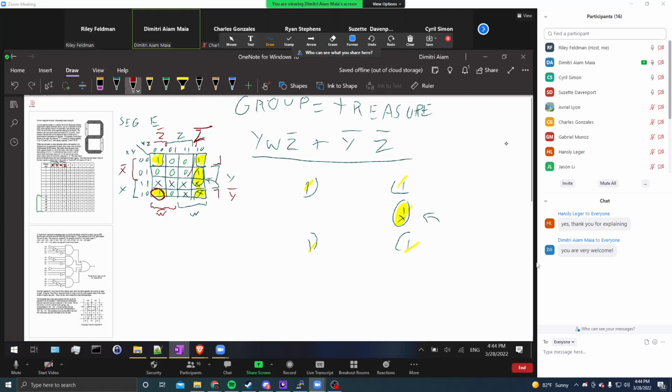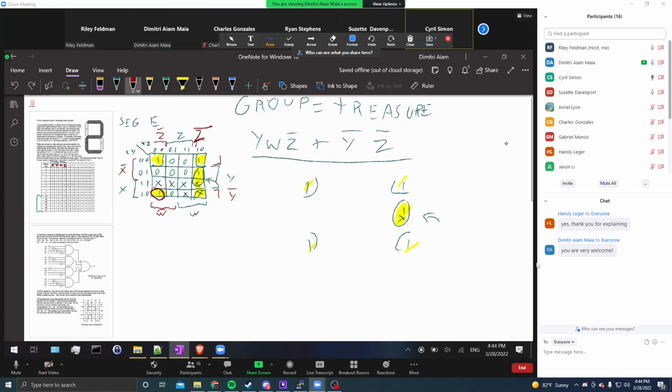It doesn't cross the line. While this grouping crosses the line of X. Do you see the X goes over here and it crosses the line of X? Do you see that? Yeah. So because it crosses the line of X, it doesn't care about X. Does it make sense?